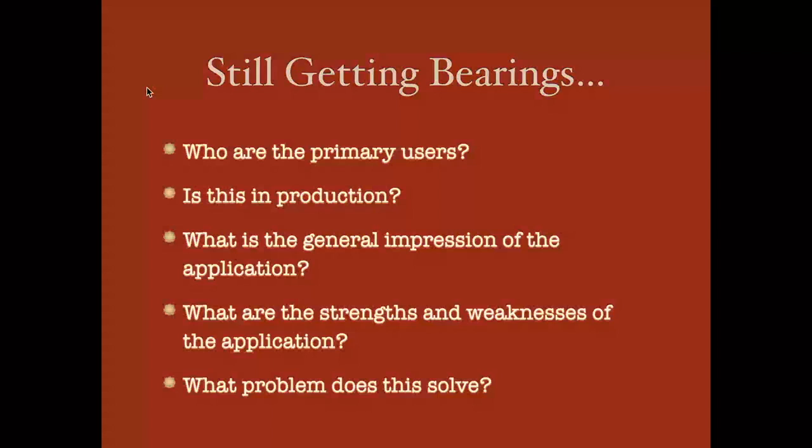Because obviously that dramatically changes what you can and can't do as far as maintenance is concerned. If it's not in production, then there's a lot of changes you can make. If it's in production, that may dramatically restrict the kind of stuff you can do, because any change is probably going to have some sort of migration or something like that. At the very least, a notification needs to go out to whoever the primary users are, or secondary or tertiary users as well.